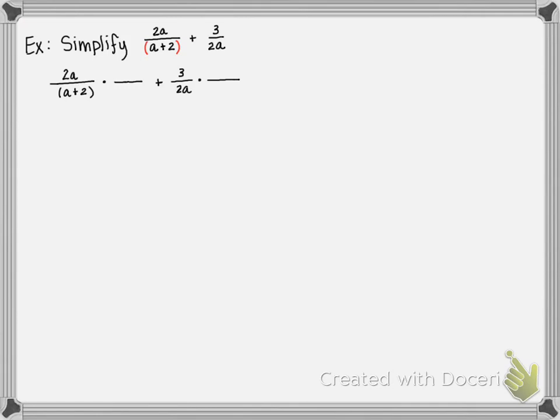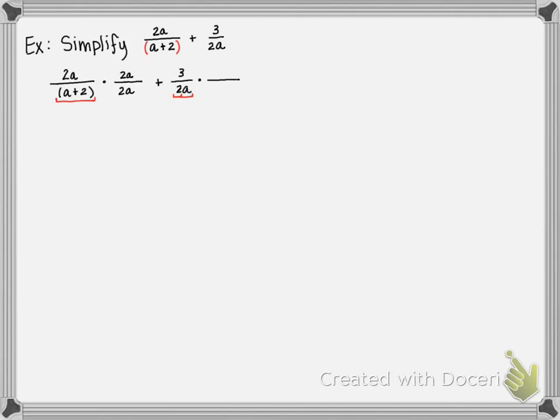Okay, so the factors in my first denominator, well, there's just the one, is a plus 2. And then my second denominator has a factor of 2 and a factor of a. So what should I multiply the first fraction by? 2a over 2a. And what should I multiply my second fraction by?